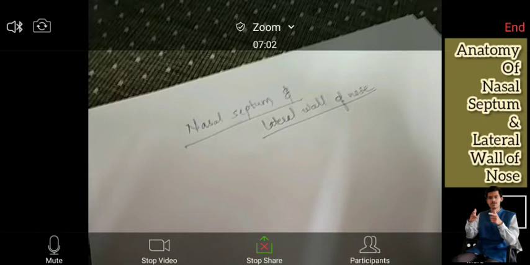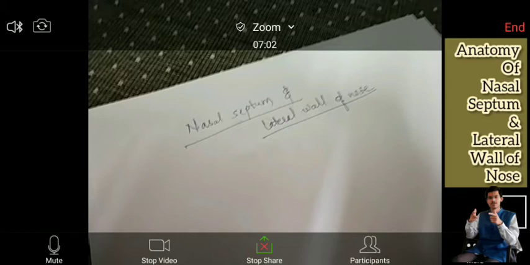Again, medial, posterior, postero superior. See, this is the posterior part, superior part, and this is the medial segment, right? Middle, superior branch of the pterygopalatine ganglion.